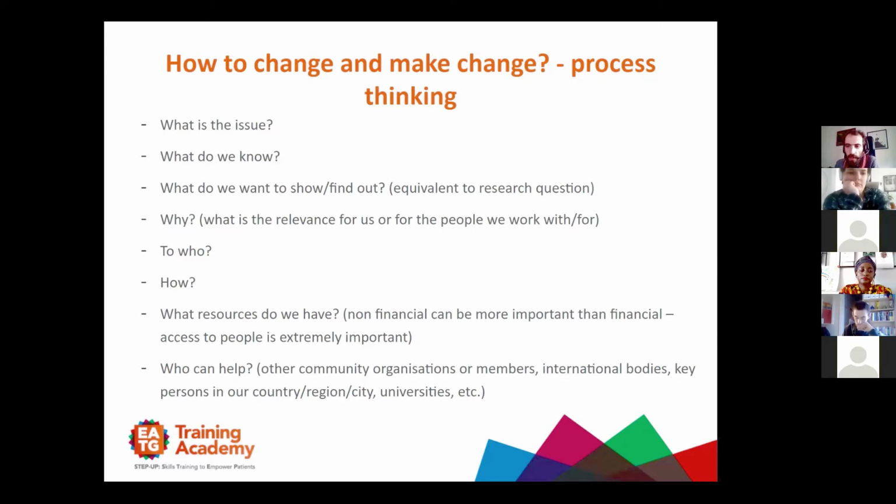What we know is not just what we know in our own setting, it's what we know in general. It's going back to the evidence that already exists, looking at things that were similar that were already done in other places. It's the research equivalent of the literature review. We look around, we see what the agencies tell us, we see what evidence exists.